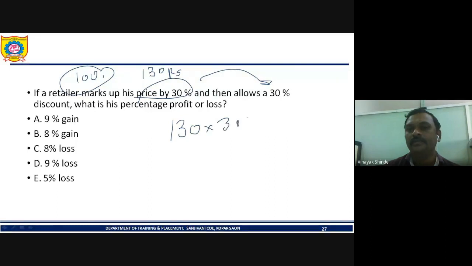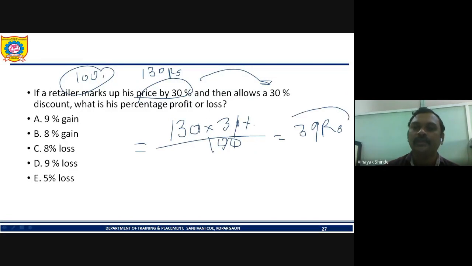So 30% means 30 by 100. So this is the discount. So how much will this come to? It comes to 39 rupees discount. So actual selling price will be 61.